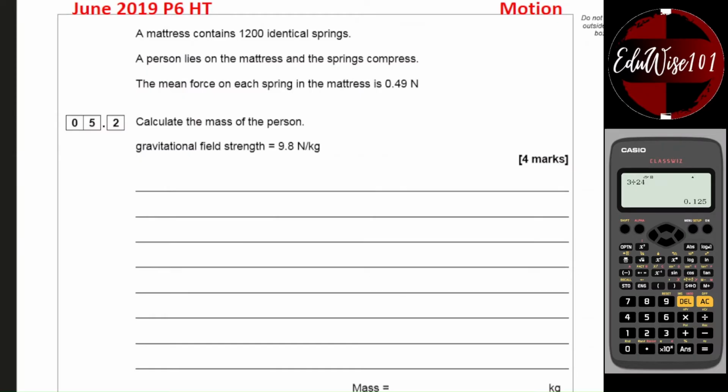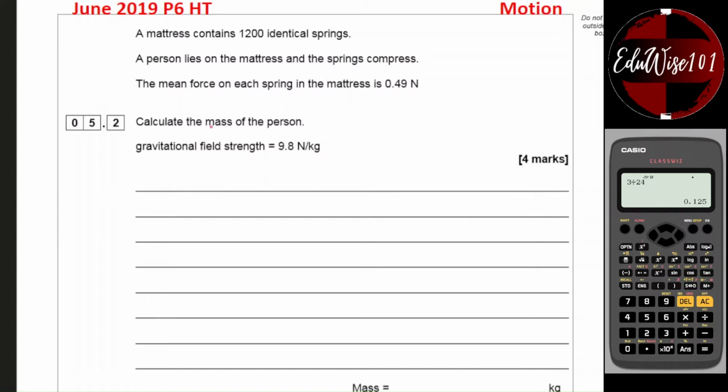A mattress contains 1,200 identical springs. A person lies on the mattress and the springs compress. The mean force on each spring in the mattress is 0.49 newtons. Calculate the mass of the person. Gravitational field strength is 9.8.